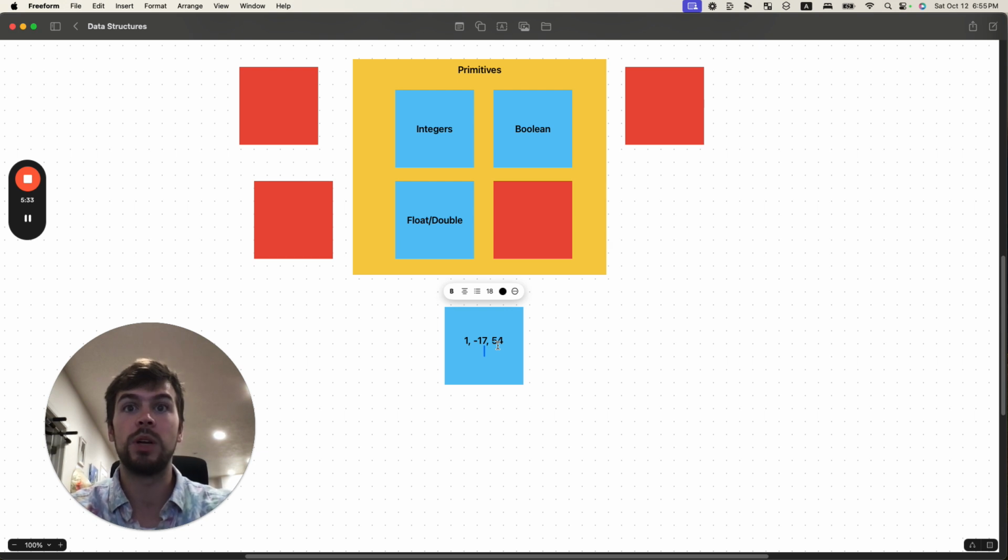A float or a double has a decimal place, so it'd be 1.1, 67.2, 3.1459, right? Pi is a float or a decimal. And so if you have a float or a double, they have a decimal point in them.